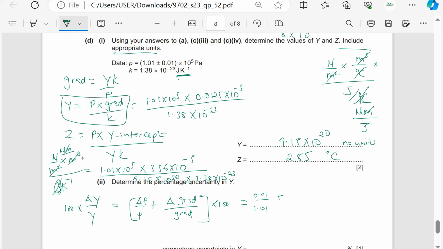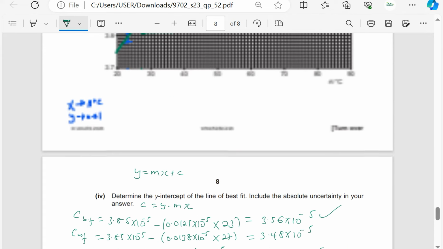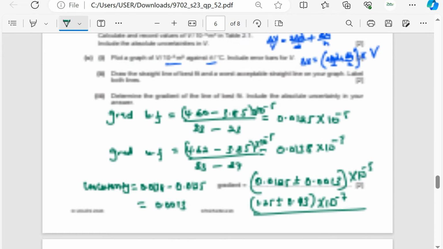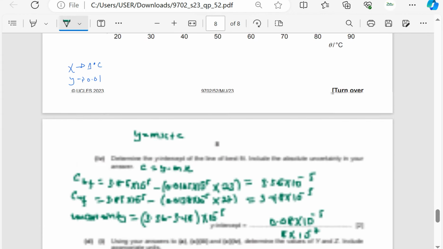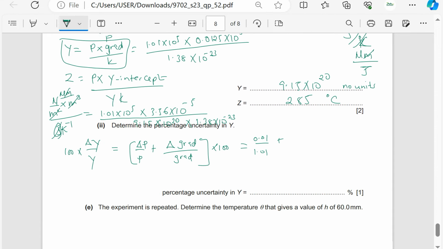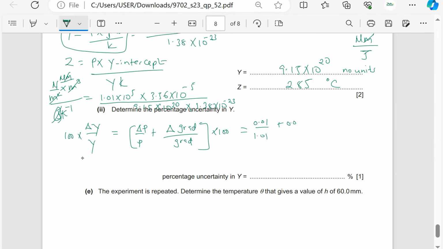Plus, for the gradient, the uncertainty in the gradient was 0.0013. So 0.0013 divided by the gradient, which was 0.0125. I will not add the power of minus 10 because it will cancel out. Then this is times 100. So this will be percentage.